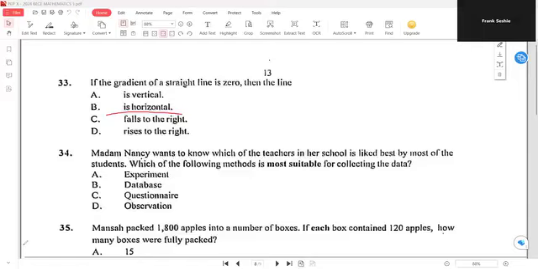Mostly the best way out here is the questionnaire. Because observations may be deceptive. Experiments would be too tough a procedure to use. But questionnaire is the right answer.